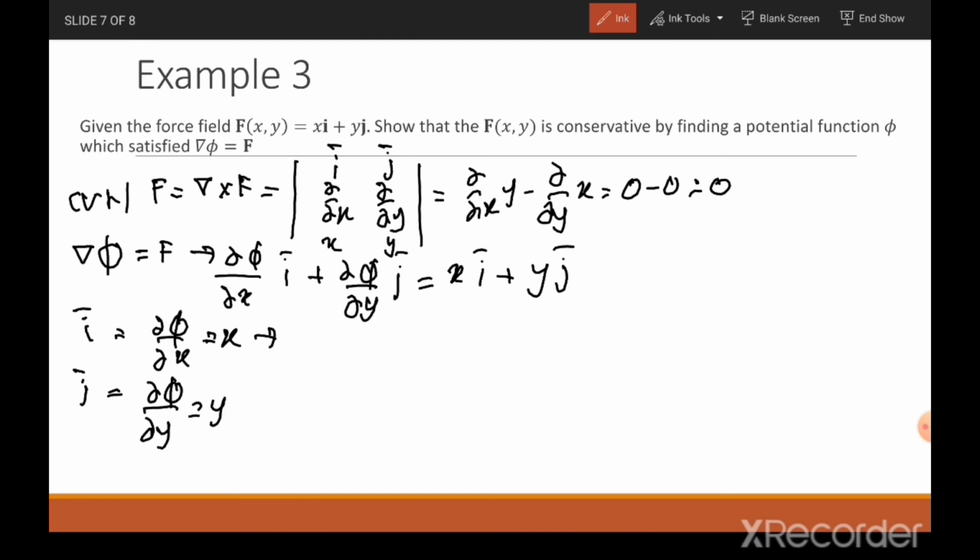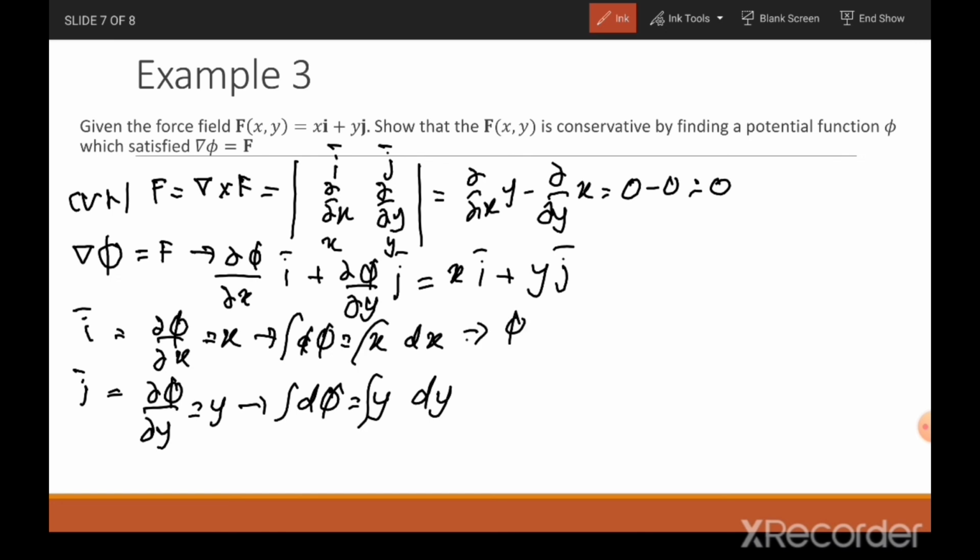Okay, so when I bring d phi to the left hand side, so this one d phi is equal to x dx, and d phi is equal to y dy. Okay, so when we integrate this one, you will get phi equal to x power of 2 over 2 plus, okay, there is we could put any constant lah, f of y for example.